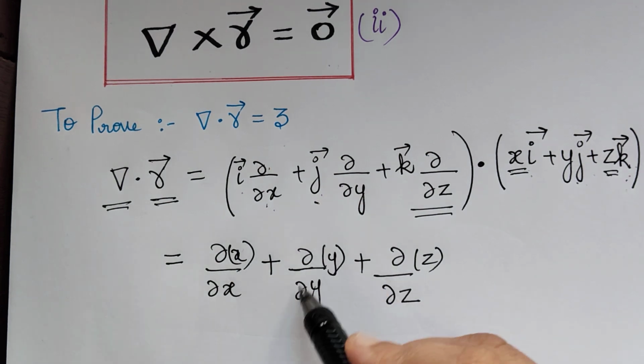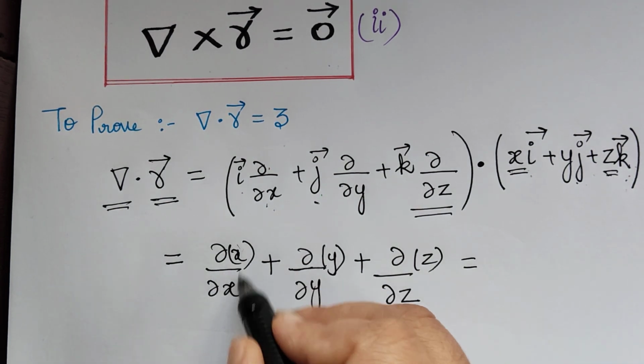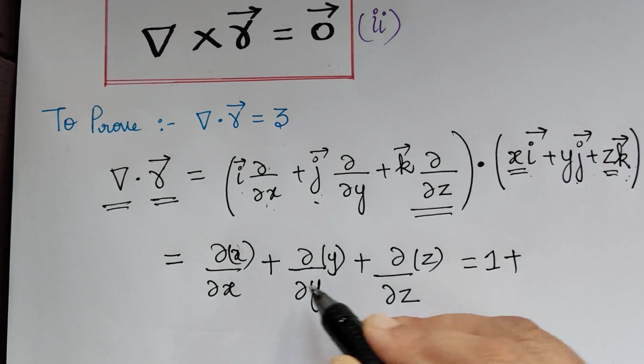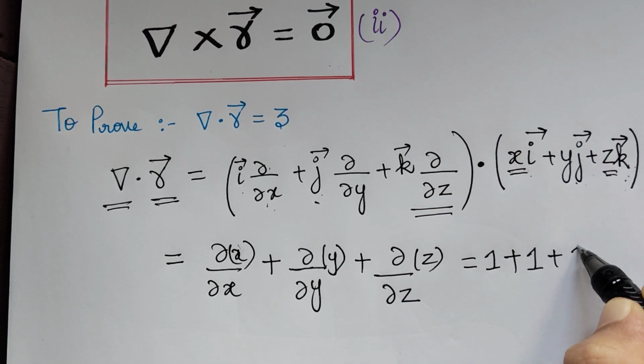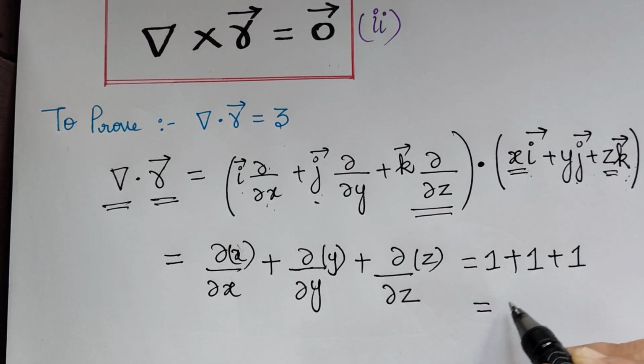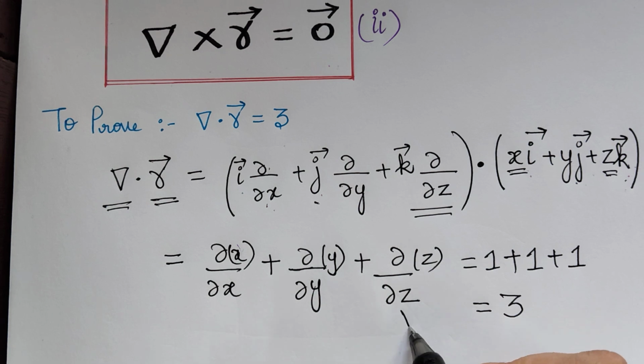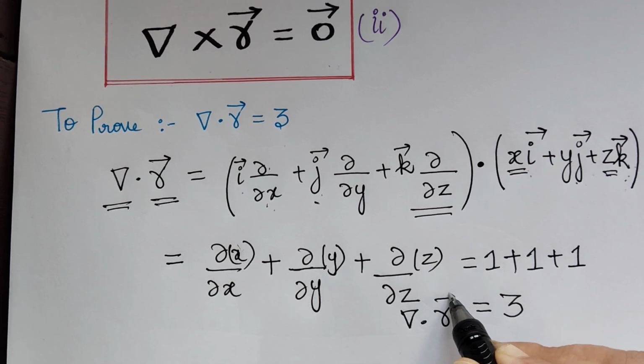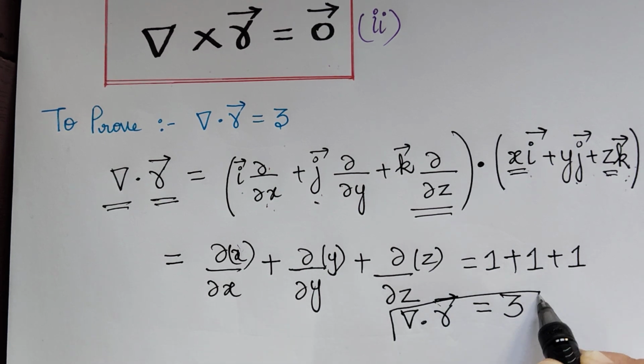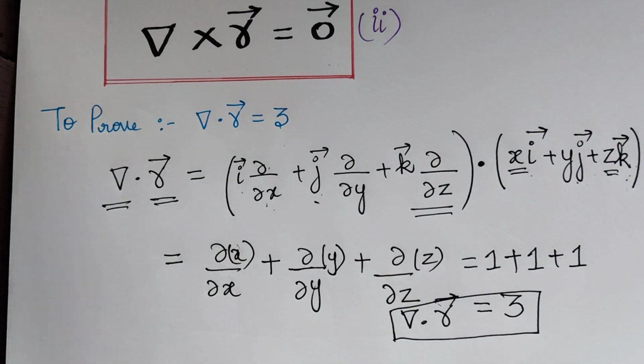So when we see, this is 1 plus this is also 1 and this is also 1, and therefore it is equal to 3. Therefore we have proved that nabla dot r vector is equal to 3. So we are done with the first proof.